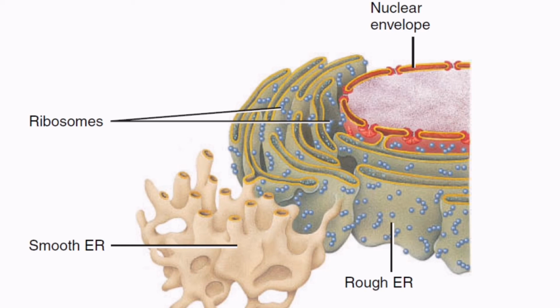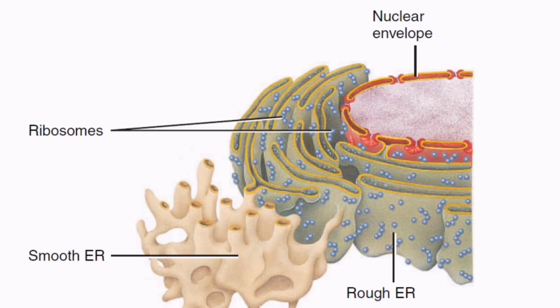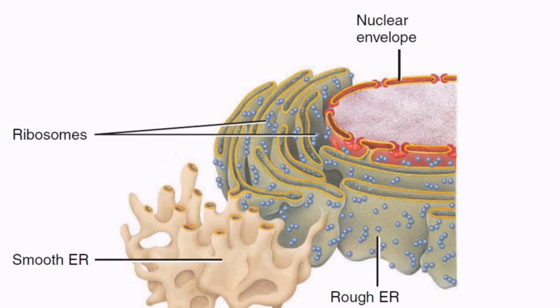Next, what are the differences between smooth endoplasmic reticulum and rough endoplasmic reticulum? As I mentioned earlier, rough endoplasmic reticulum contains ribosomes, but smooth endoplasmic reticulum does not. Next, smooth endoplasmic reticulum is seen as tubules, while rough endoplasmic reticulum is seen as flattened sacs or pouches. In this picture, these white colored and green colored portions represent smooth and rough endoplasmic reticulum.